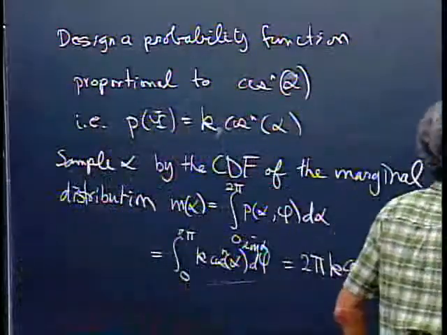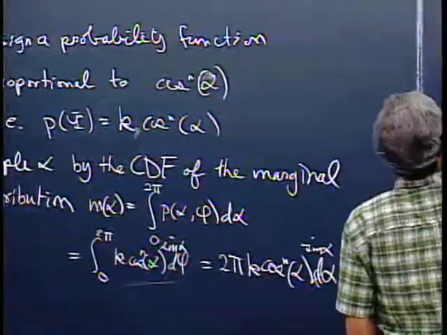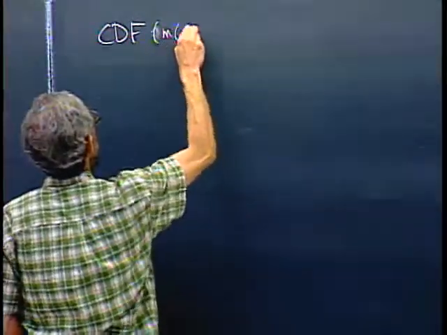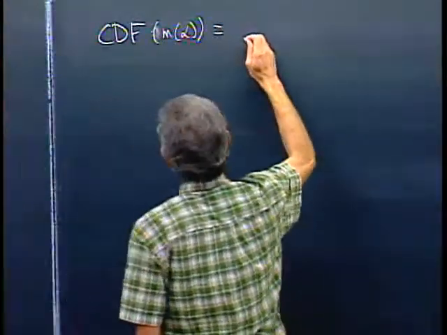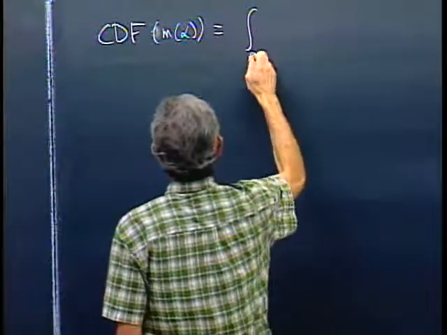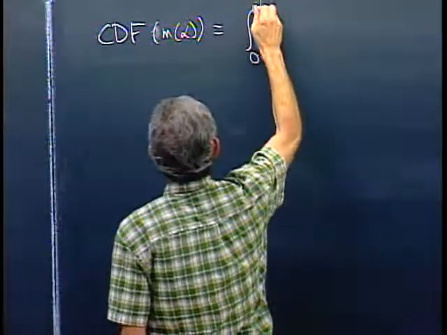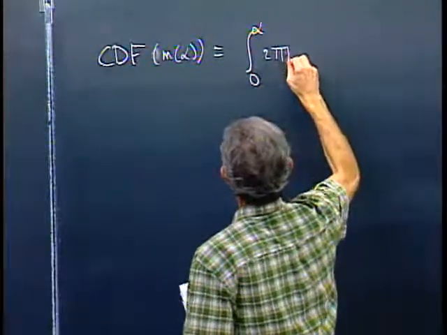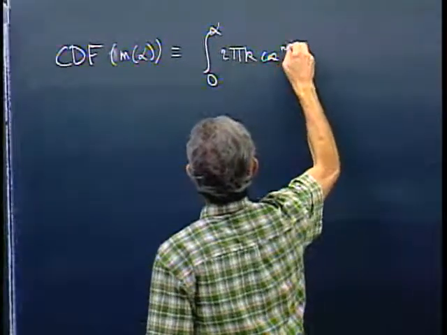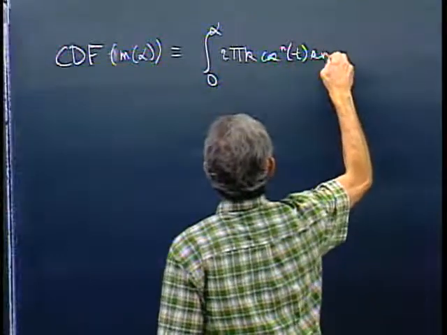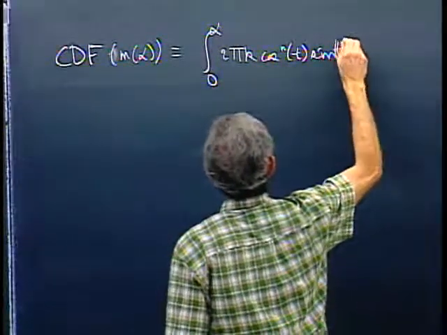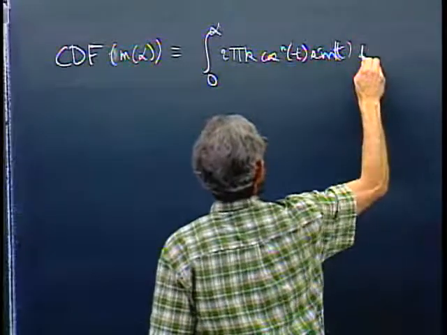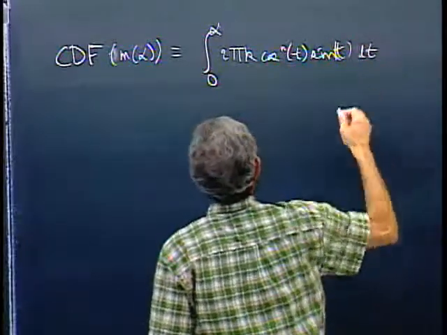Okay, so now we have the CDF of this function m of alpha, and that is the integral from 0 to alpha of, say, 2 pi k cosine to the n of t sine t dt. I didn't need the parentheses around either of these. Right?